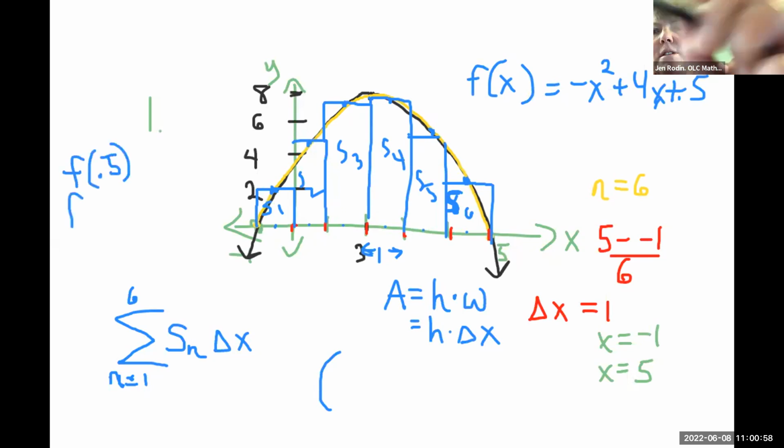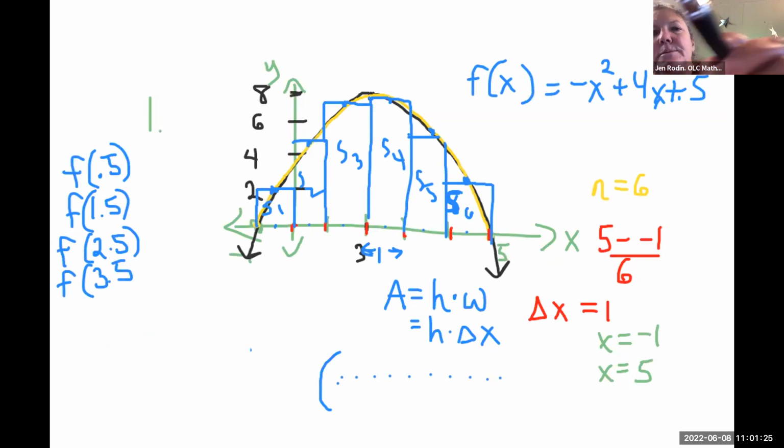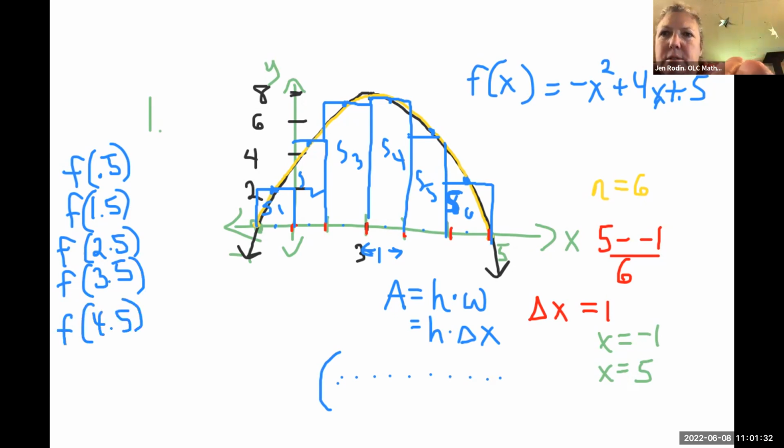The second one, these are what we're going to put in here. I'm not going to do all those, but f of 1.5. Here we can get it exactly, so it should be pretty good. It still won't be as good as an integral because there you could see those rectangles don't perfectly cover it. F of 4.5, so halfway between the endpoints of each interval.